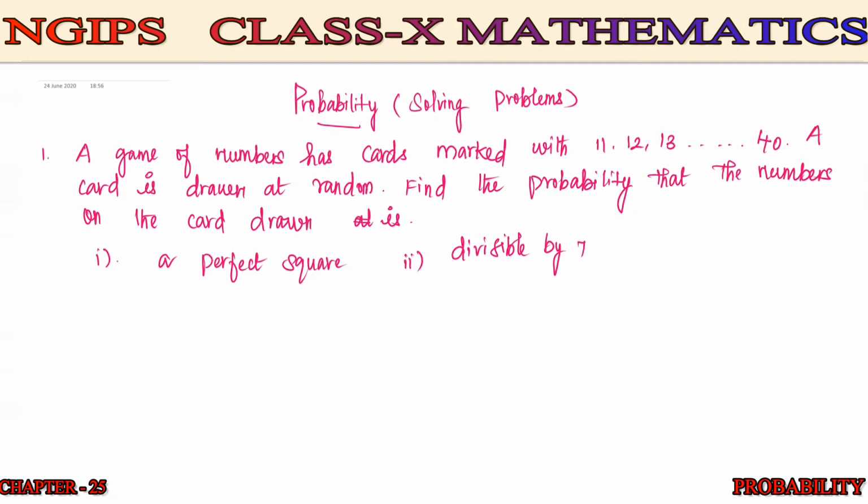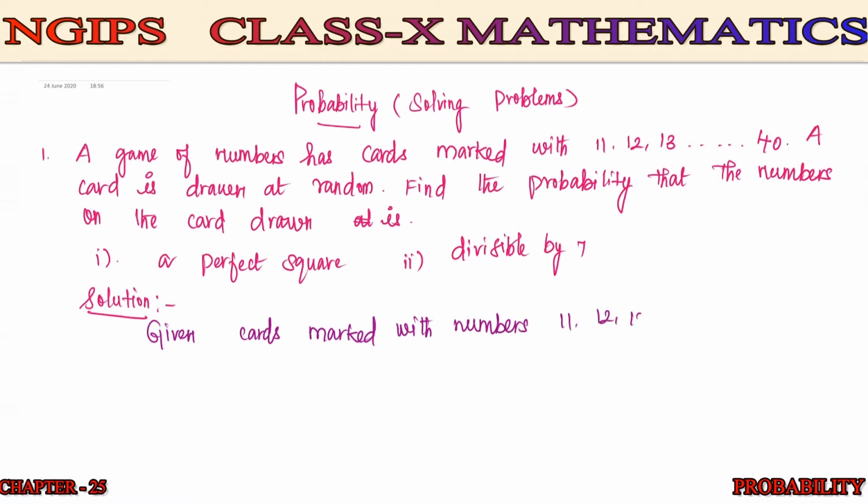Now here let me write the given conditions. Solution. Here the given cards are marked with numbers 11, 12, 13, etc. till 40.